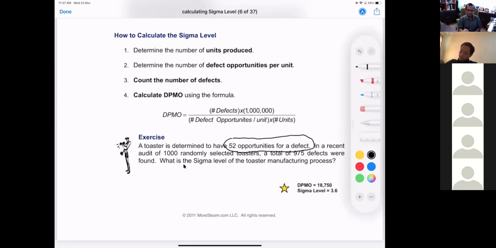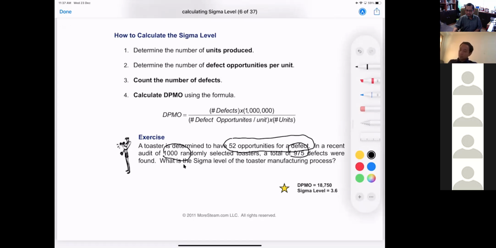And we have 1,000 units produced. And from the random, we detected 975 defects.